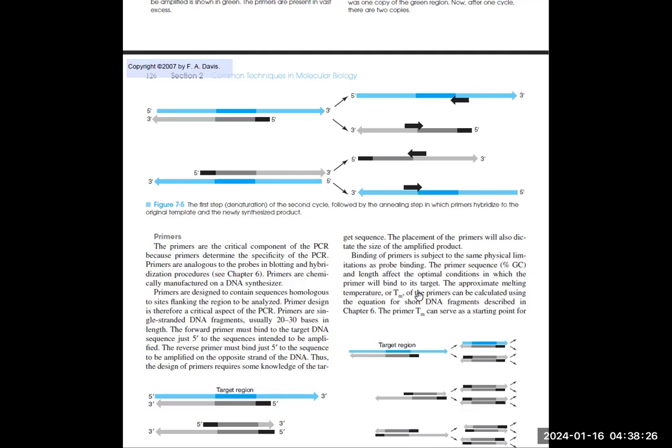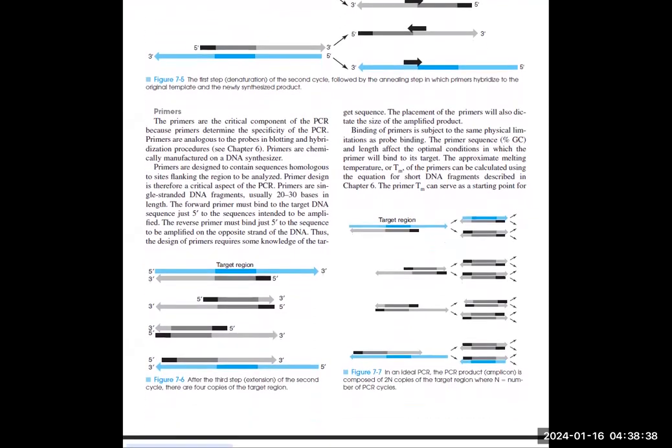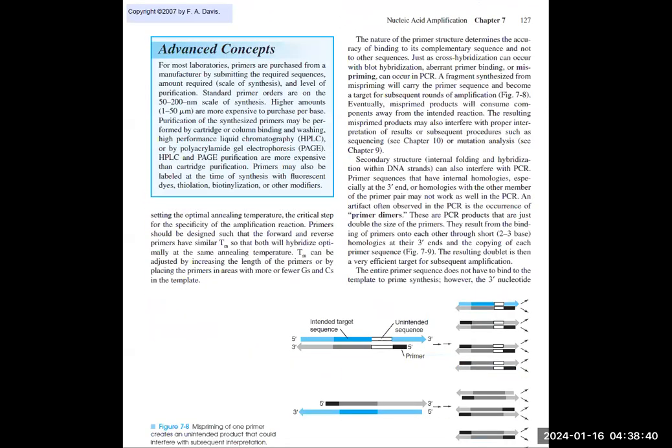So we need to consider the melting temperatures, and we can calculate it by using the equation for short DNA fragments. You will be calculating that too, our melting temperatures, and you will learn that more in our chapter 6 discussion. And then setting the optimal annealing temperature is the critical step for the specificity of the amplification reaction.